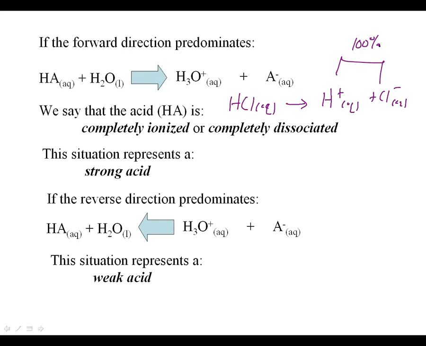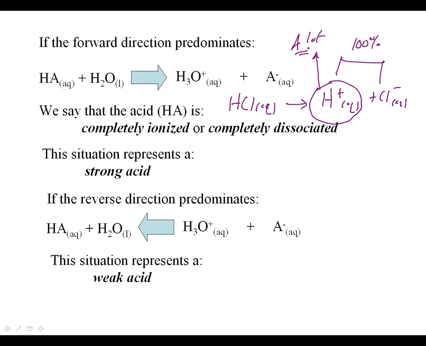What that essentially means is that HCl was able to produce a lot of these guys. So a lot of free H pluses were able to be produced by it, and that's why, again, it's considered a strong acid. And that's what it means when it talks about it being completely ionized or completely dissociated. Those are fancy words for it. Basically 100% broke apart into ions. You have nothing but pretty much ions in that solution.